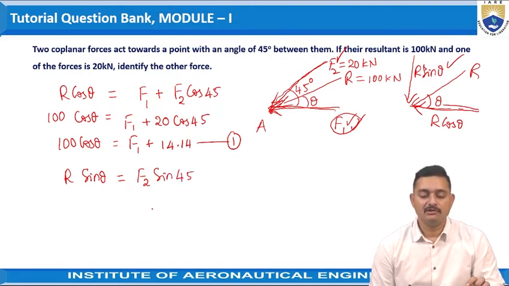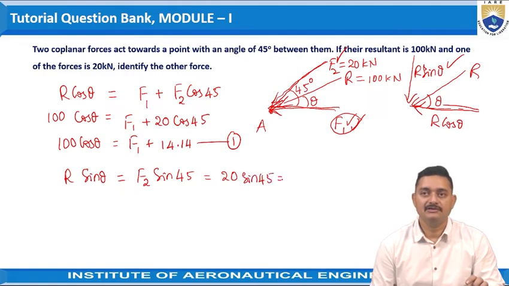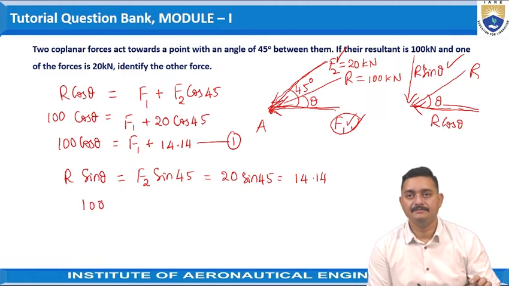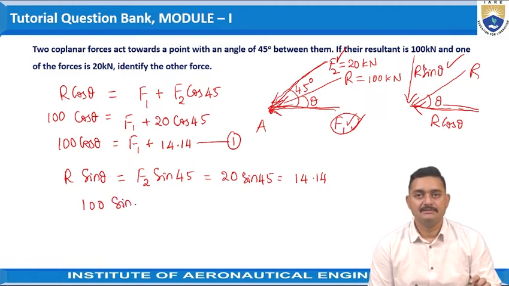So you get 20 sin 45, which simplifies to 14.14. So 100 sin theta is equal to 14.14.